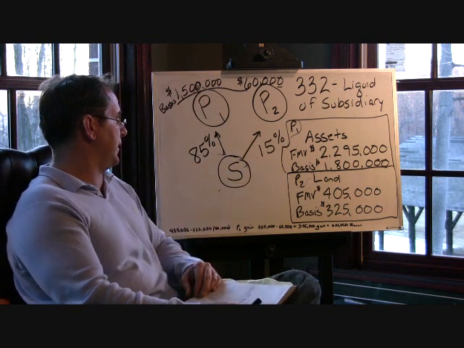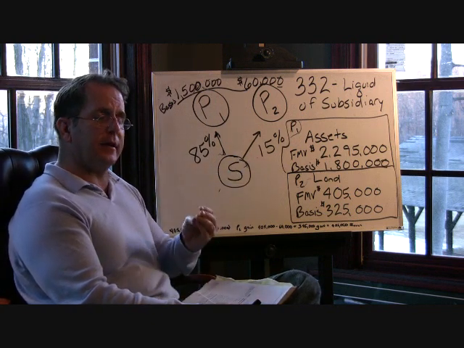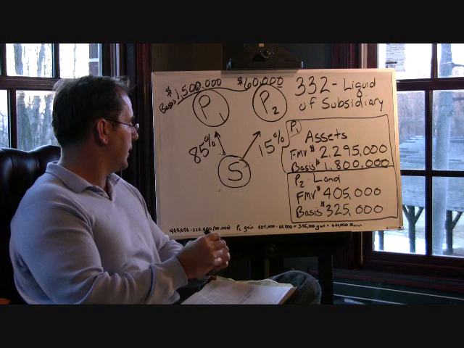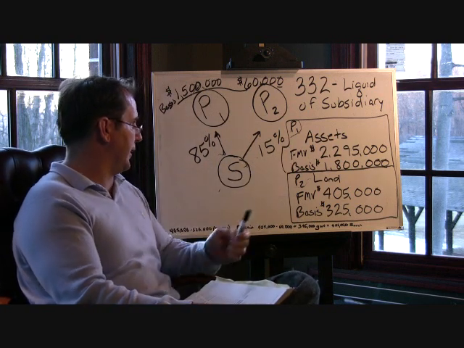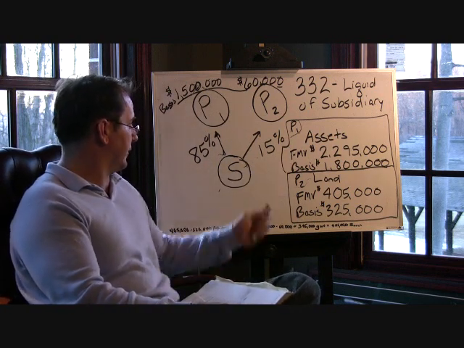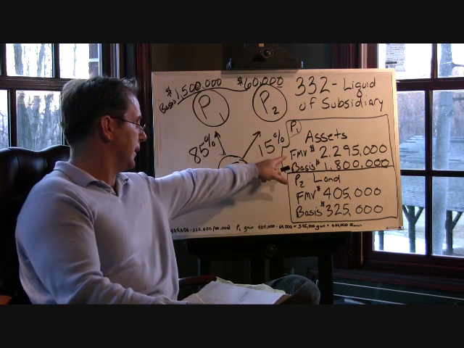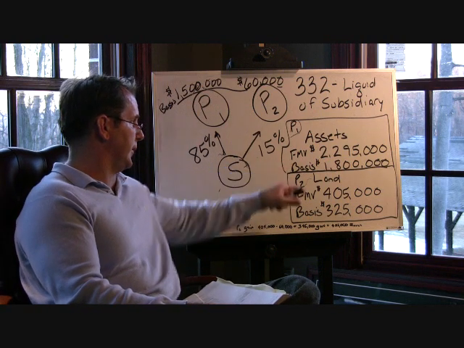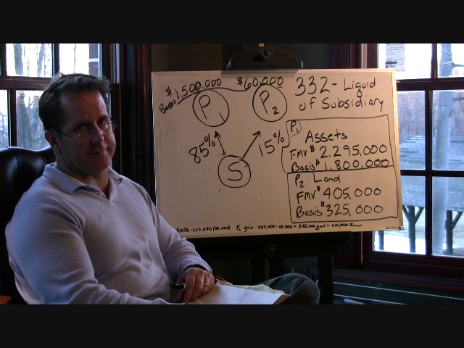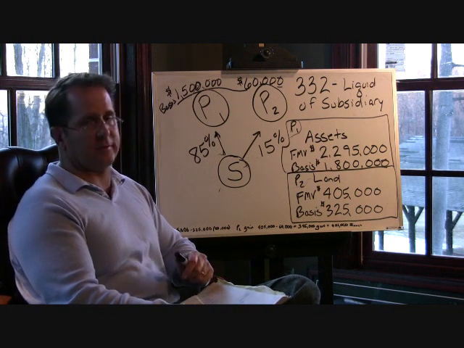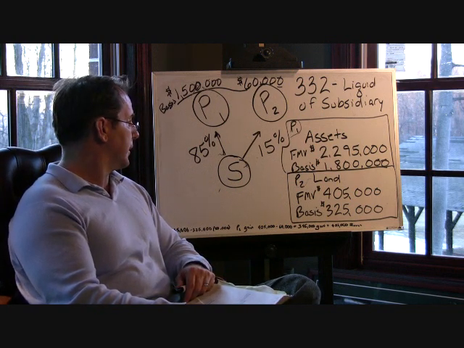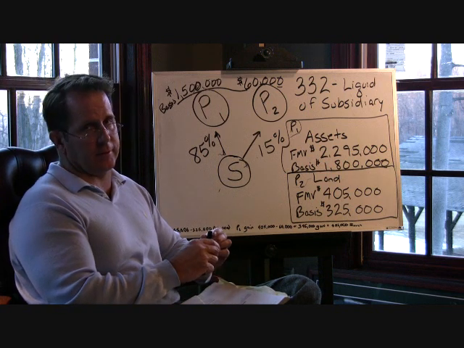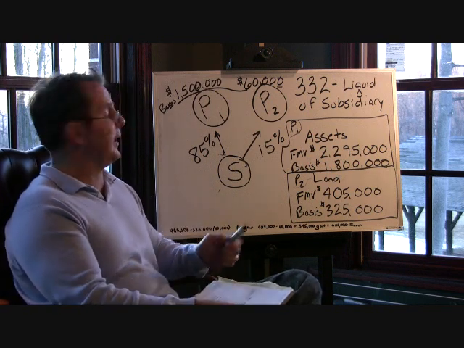Parent 2 owns 15%. And let's say as part of this plan of liquidation, P1 is going to receive assets from the subsidiary with a fair market value of $2,295,000 and a basis of $1.8 million. The good news is, consistent with Section 332, it passes the test.